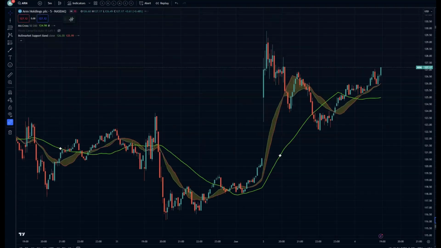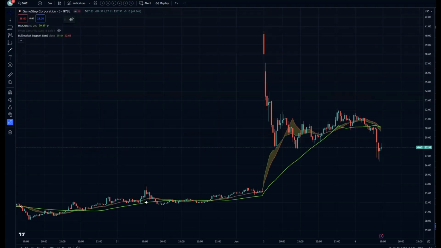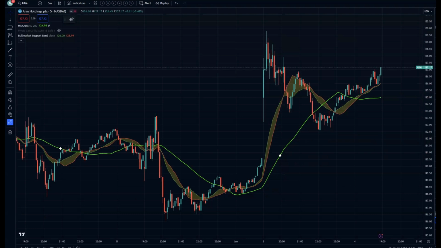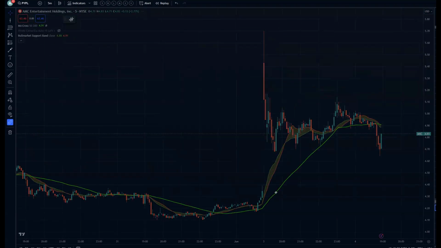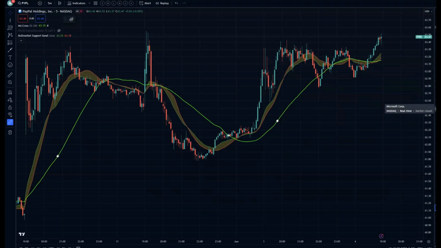Even if we look at something like GME, it was trying to be very cross yesterday, but after the crossover downside happened, it was not bad. Again, ARM did very well. ARM has been doing really well in the recent past. AMC, all that volatility did nothing, and it stayed cross for a long time.